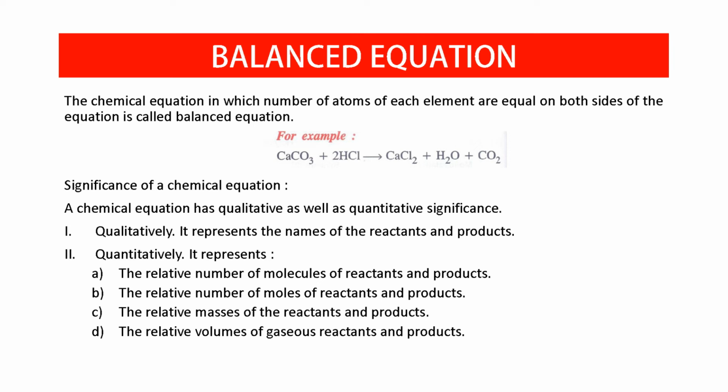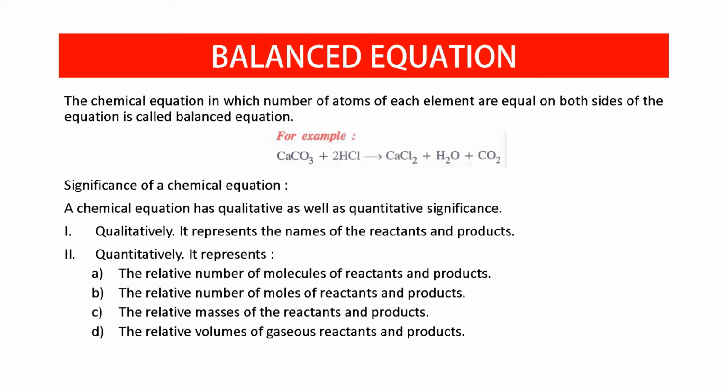Calcium, 1 atom; carbonate, 1 atom; 2 atoms of hydrogen and 2 atoms of chlorine. On the product side, 1 atom of calcium, 2 atoms of chlorine, then H2O has 2 atoms of hydrogen and 1 atom of oxygen, then CO2 has 2 atoms of oxygen.